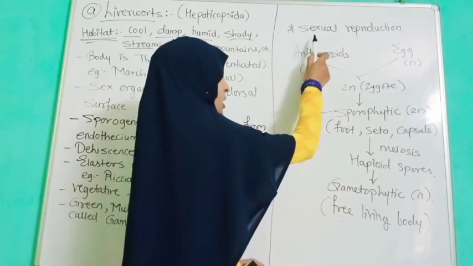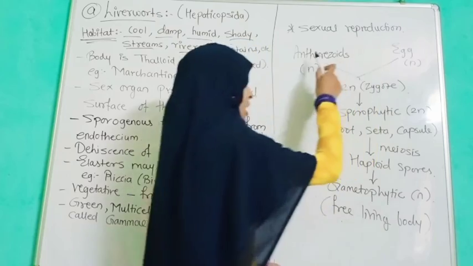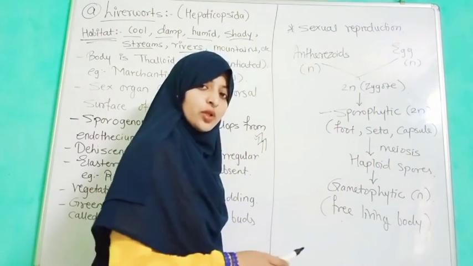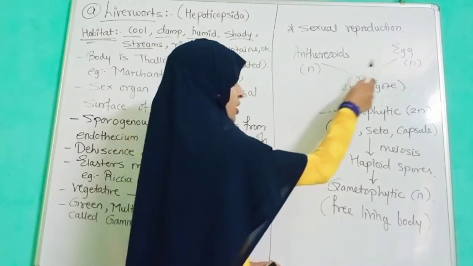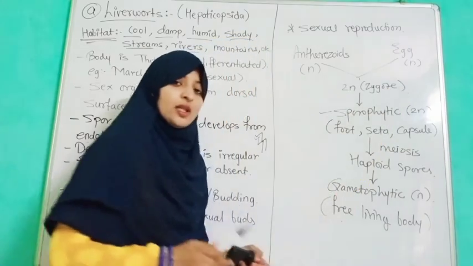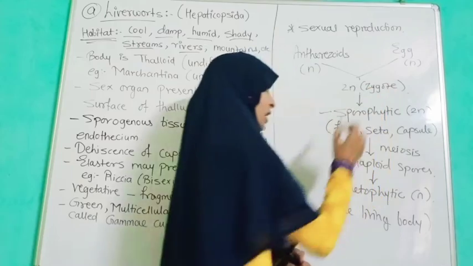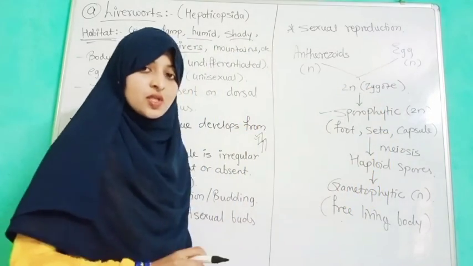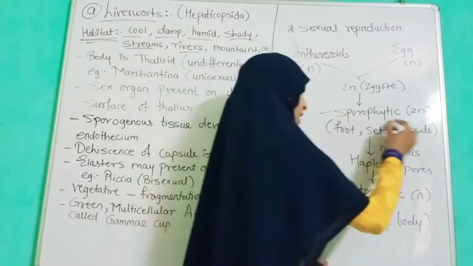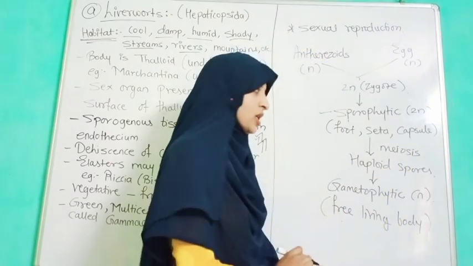From the antheridium and archegonium, male and female gametes are formed, that is antherozoids and egg cell. When these gametes fuse, they form a diploid zygote. It doesn't undergo meiosis instantly. It forms a sporophytic stage, which is diploid in nature again.